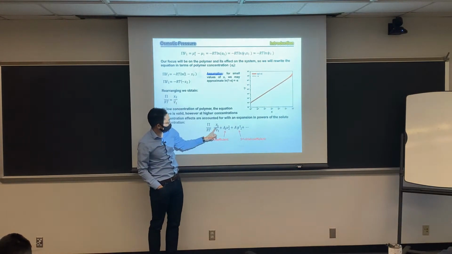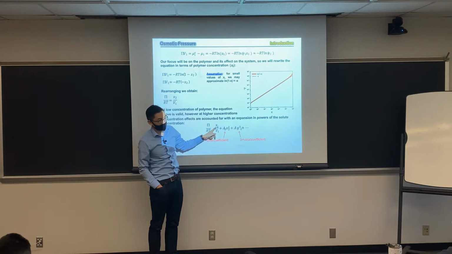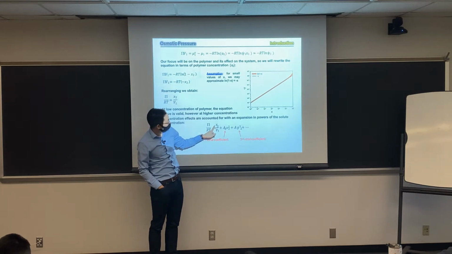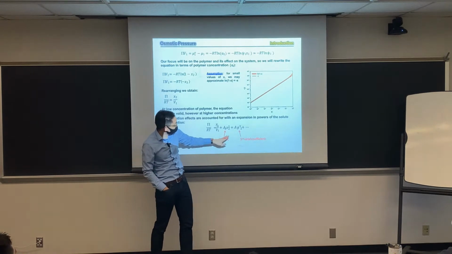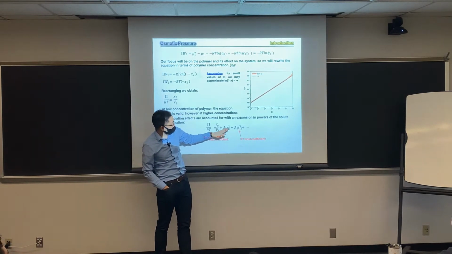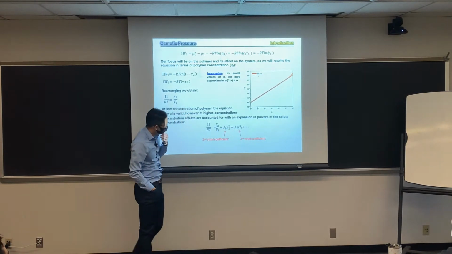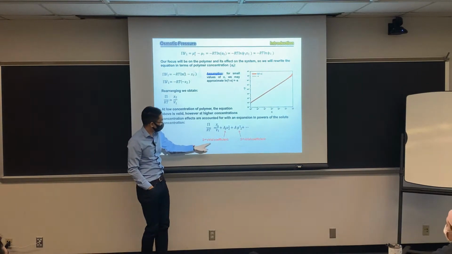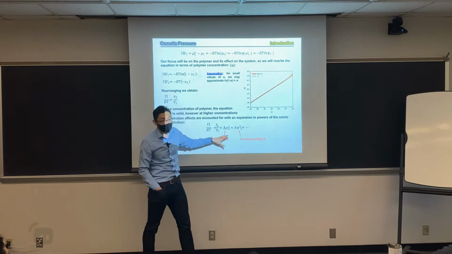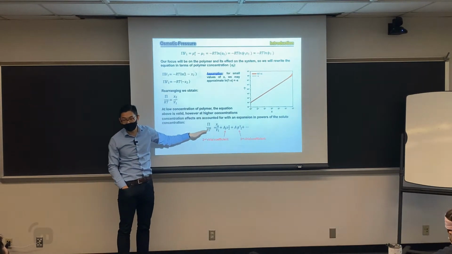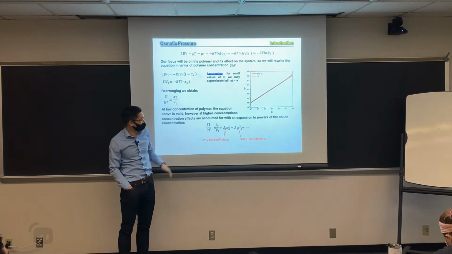Because if x2 is small, let's say it's 0.01, the x2 term will be much bigger than x2 squared. 0.1 multiplied by itself, squared, will be 10 to the minus 4. So we can safely sometimes eliminate the higher order terms. However, we kept the second virial coefficient and third virial coefficient for the discussion here because they will make a difference, as we will show in the next slide.